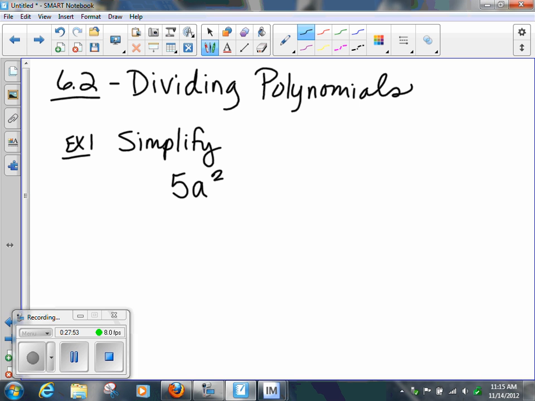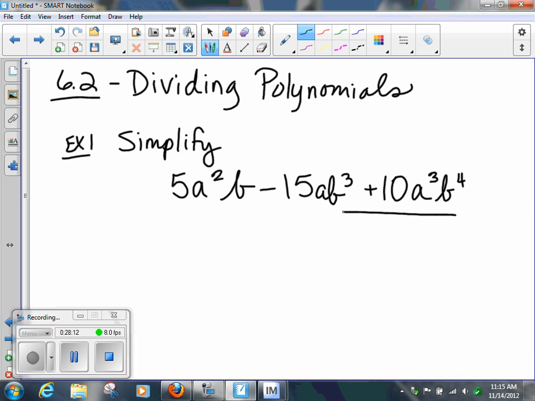If you had 5a squared b minus 15ab, 3ab to the third plus 10a to the third b to the fourth, over 5ab.